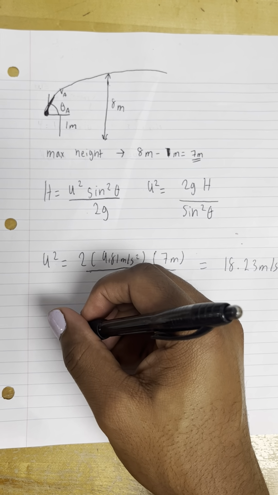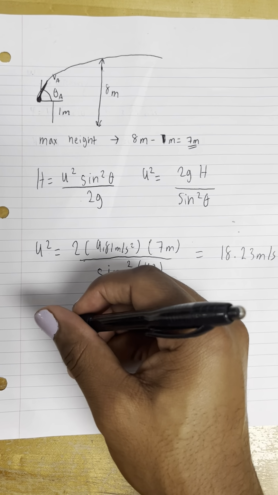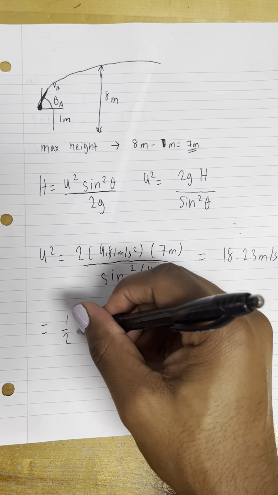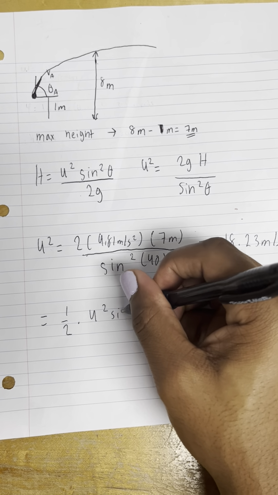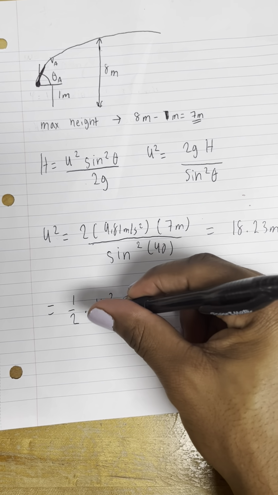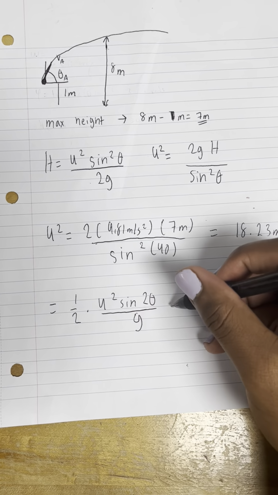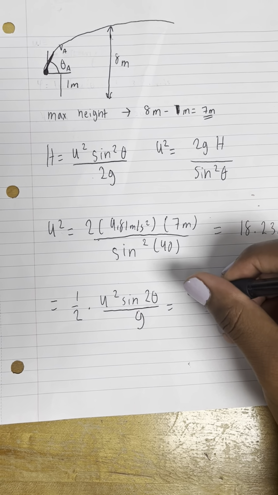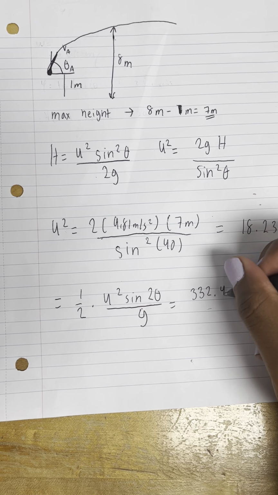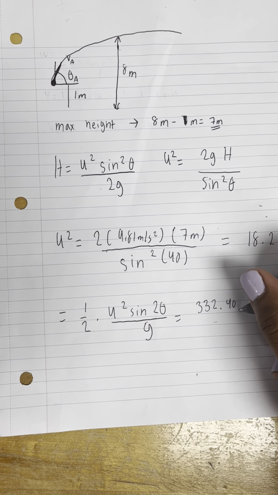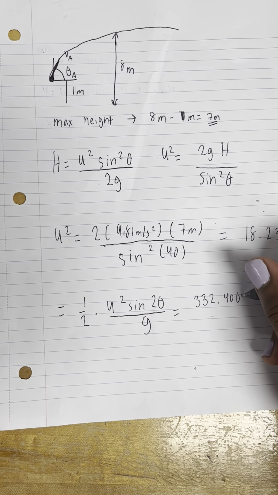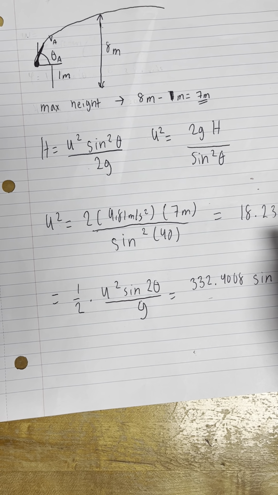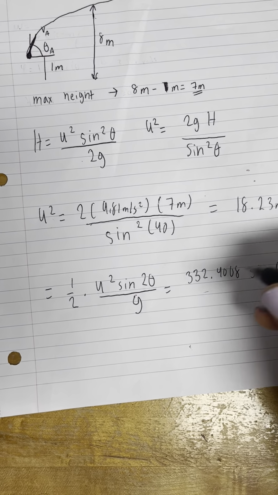Then, in order to find the final meters, we derive another formula. From here, you use this u squared value, which is 300. Then you do sine of 2 times 40.